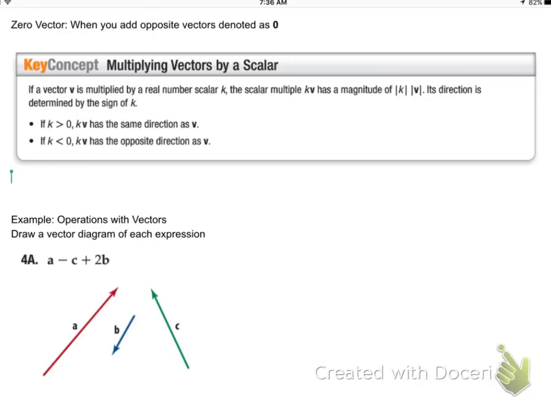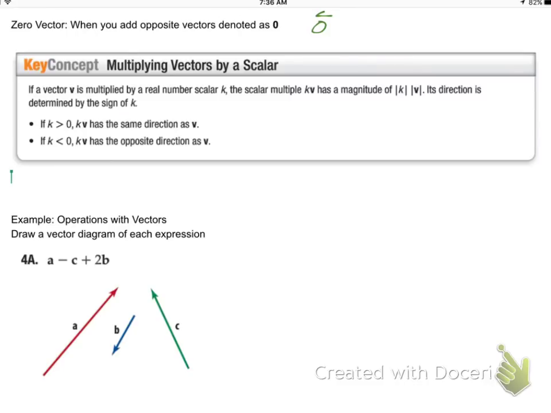Okay. The next up is the zero vector up top. When you add opposite vectors, it's denoted as 0. I could not find the thing with the line on it on the internet or on my thing, so you can put the vector notation above it. So that's a 0 vector, or darkened 0. It's also good to know that multiplying vectors by a scalar.